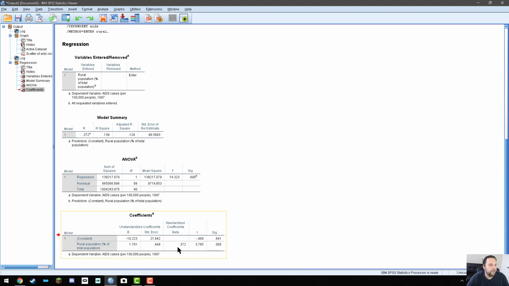So this is particularly important in that it tells you how far off your prediction is likely to be each time you input your data.